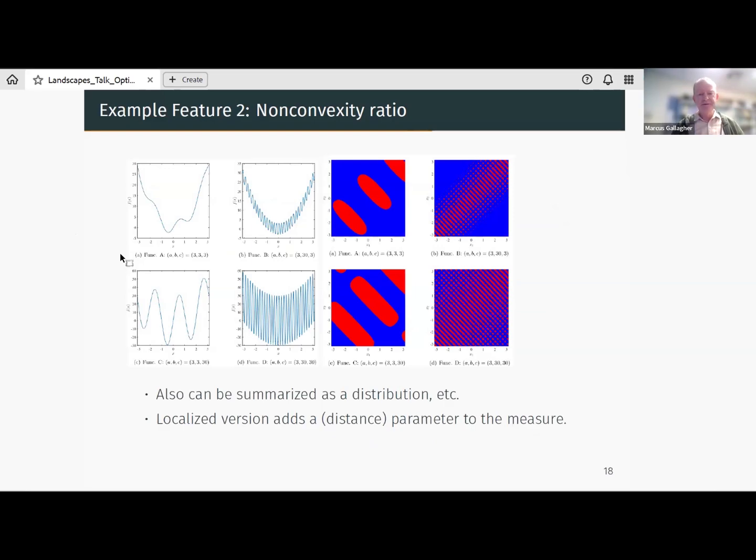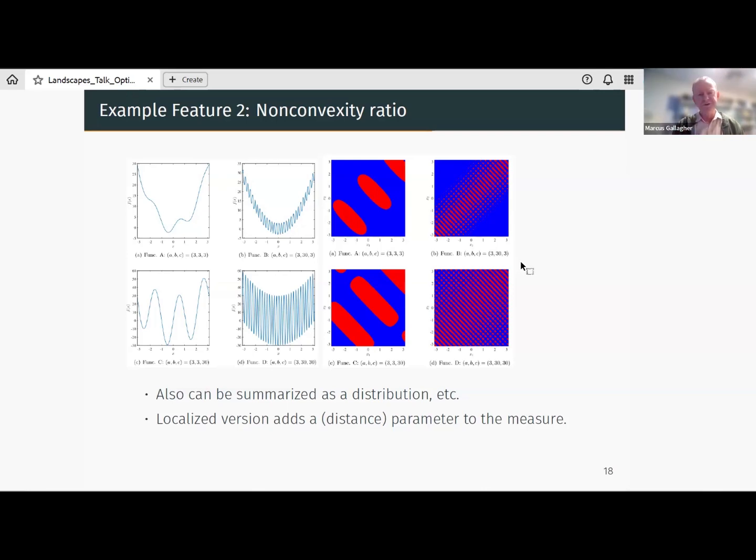Again, for example, here are four test functions on the left-hand side, and on the right-hand side, the red and blue are showing you the test results. I think red means we got a positive convexity test and blue means we got a negative one. So you see that the oscillations in the functions are being picked up by this non-convexity test that we're calculating.